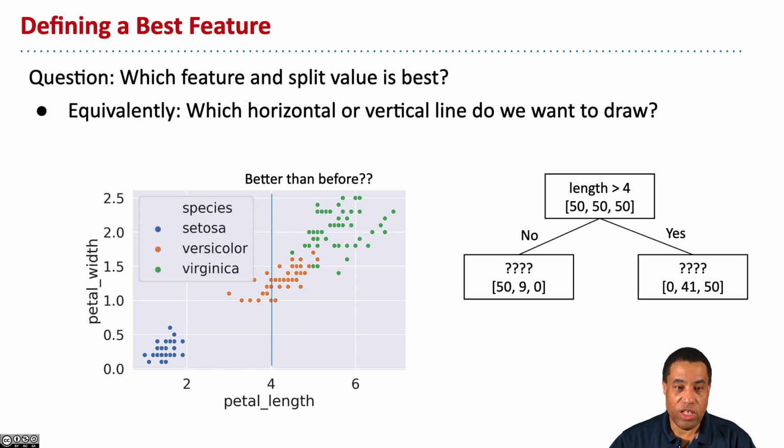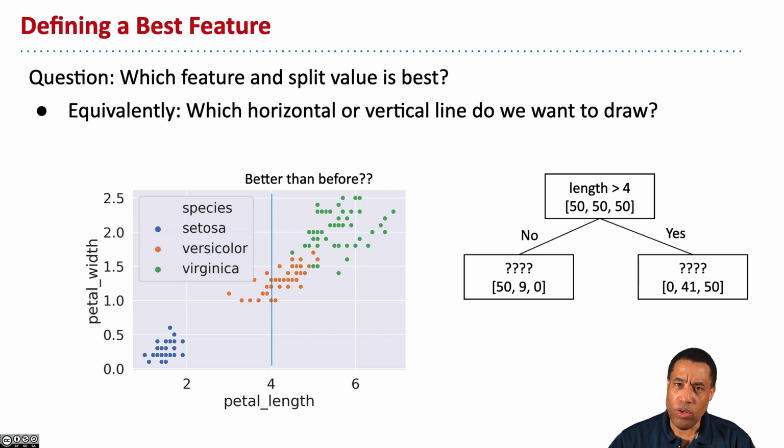So what if we did a vertical line at petal length greater than 4? Now we would end up with, on the left, 50 setosa, 9 versicolor, and 0 virginica. So we've eliminated one class. There's no virginica on the left. But on the right, we've also eliminated one class. So there's no setosa, but there's 41 versicolor and 50 virginica.